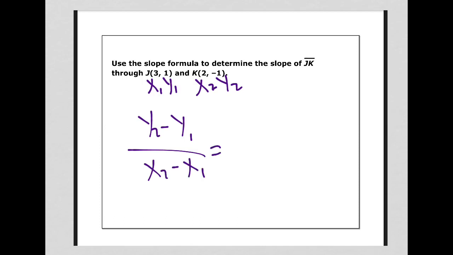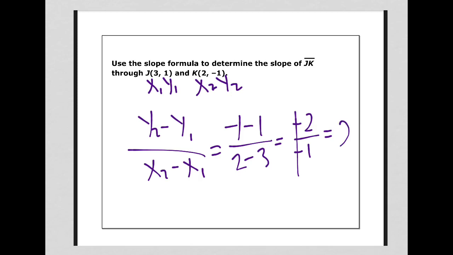Okay, so then we just plug in those numbers. So y2 is negative 1, minus y1, which is 1, over x2, which is 2, minus x1, which is 3. So negative 1 minus 1 leaves me with negative 2. And then 2 minus 3 leaves me with negative 1. Negative 2 divided by negative 1, my negatives cancel, and I just end up with 2 as my slope.